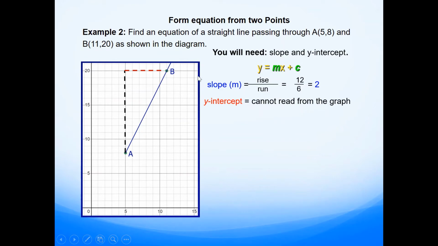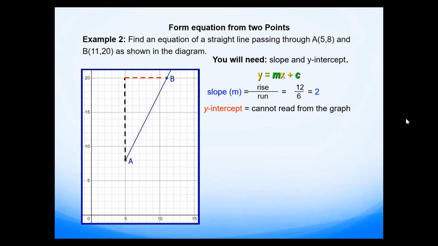Like before, we cannot read the value of the y-intercept in this case as well. So what we need to do is we'll just pick up one of the 2 points that's there, either of the 2 points that's given there.